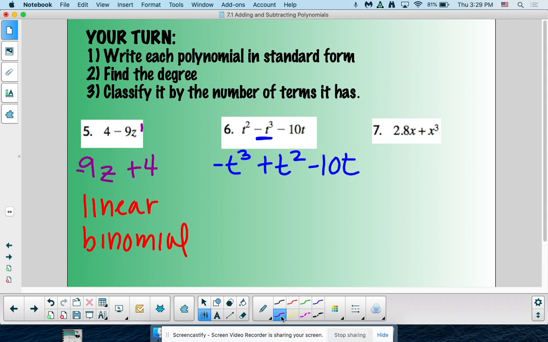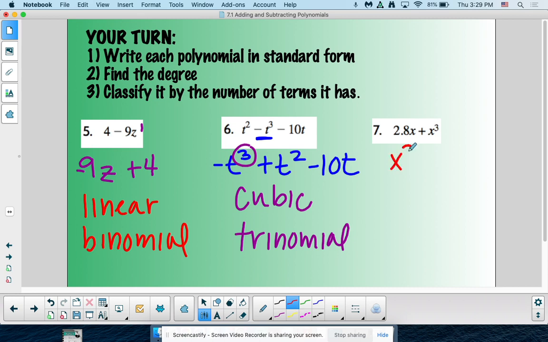So we're to the third power, makes it cubic. 3 terms makes it a trinomial. Our last one here in standard form, x cubed plus 2.8x. Highest power is 3, so cubic. And let's see here, 2 terms makes it a binomial.